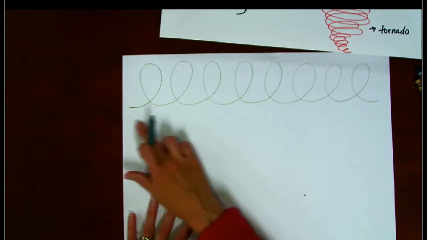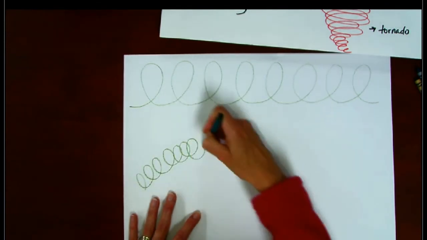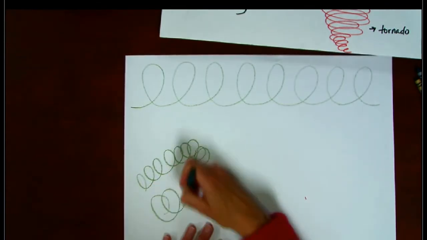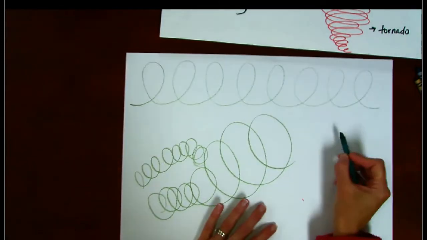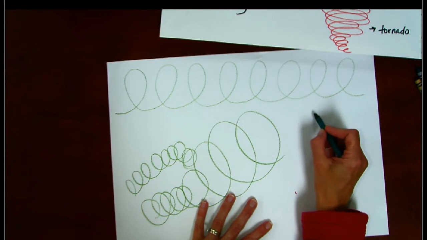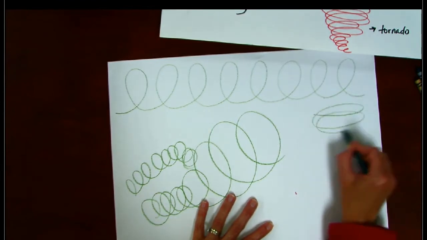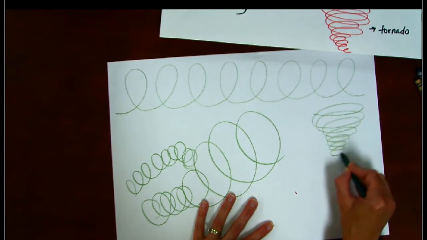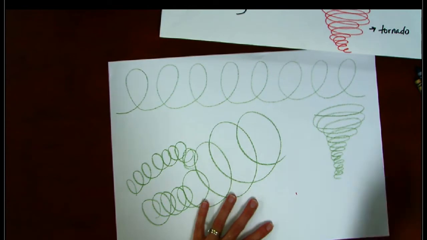All right, so we're gonna go up, over, up, over. If you wanna make them small, if you want to make them really big, you can. And to make that tornado, we're just going to start out really big, and then we're going to go smaller, smaller, smaller. All right, so that's how we make that tornado.